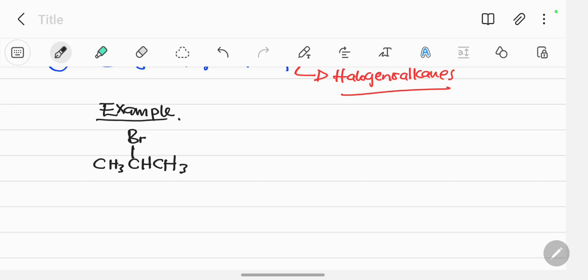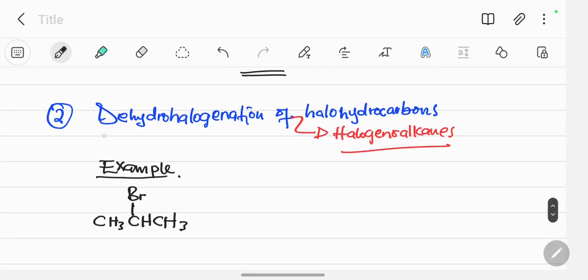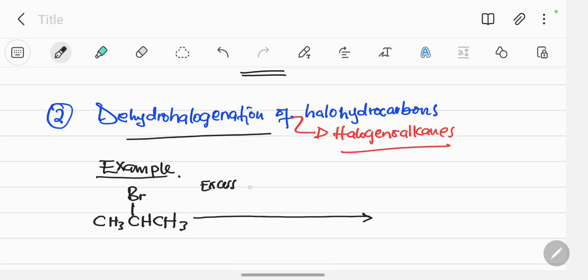So from our example, in dehydrohalogenation, as you hear that word dehydro, we are removing hydrogen and we are removing that halogen group, this bromine. So what do you do? You apply excess potassium hydroxide and an alcohol, like ethanol, is more popular. Then you heat.